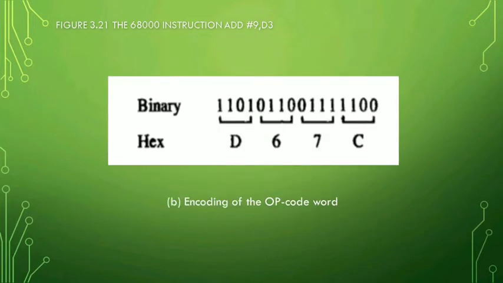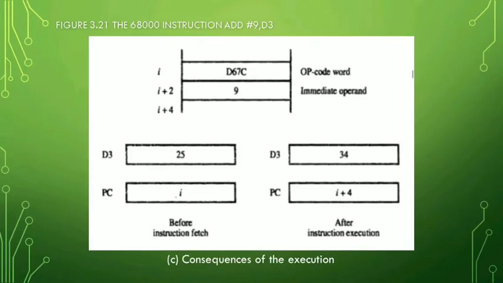From the discussion above, it follows that the OP code word for our add instruction is 1101, 0110, 0111, 1100, which is represented by the hex number DC7C, as indicated in Figure 3.21b. The immediate source operand 9 is given in the word following the OP code word, as shown in Figure 3.21c.